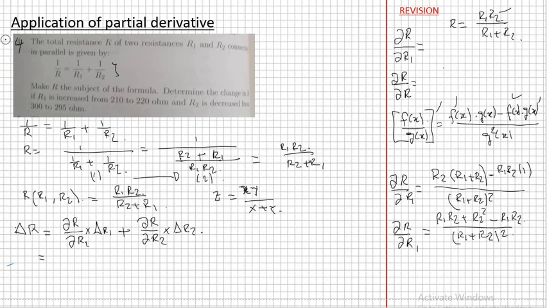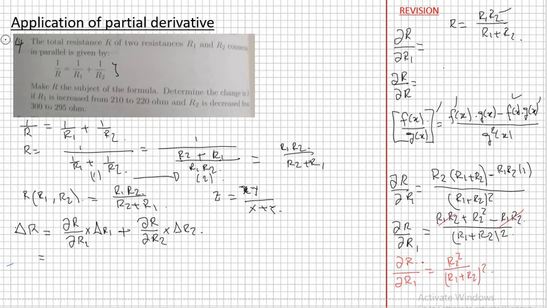So I can say that there are terms that can cancel out. So I end up with the partial derivative of r with respect to r1, which is given by r2 square divided by r1 plus r2 squared.